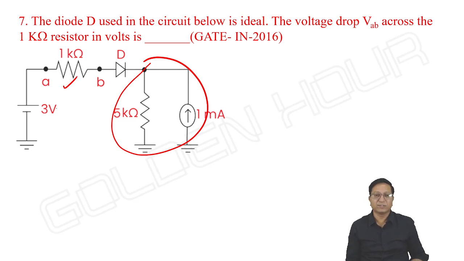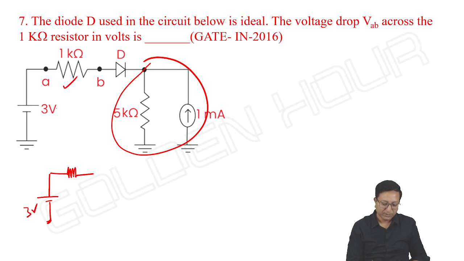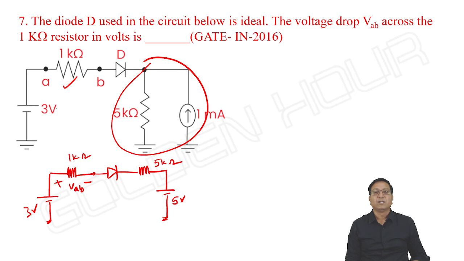Let us write its equivalent circuit. 3 volts, 1 kilo ohm, diode, 5 volts, 5 kilo, and they are asking us to find VAB. Look at the diode.